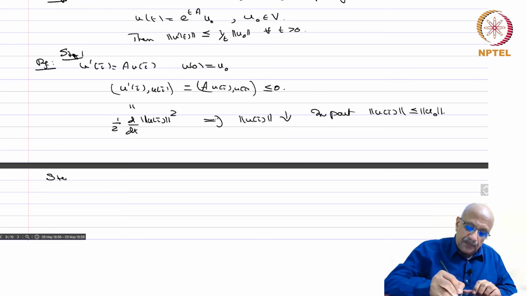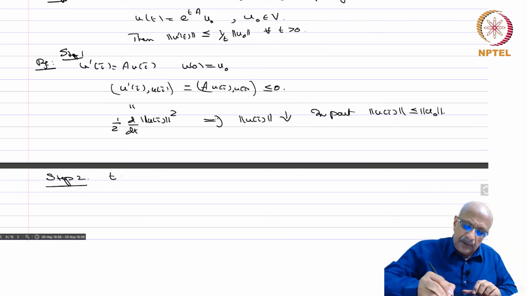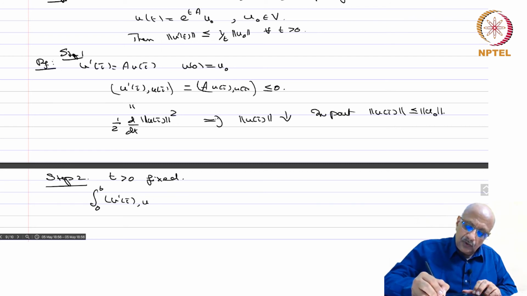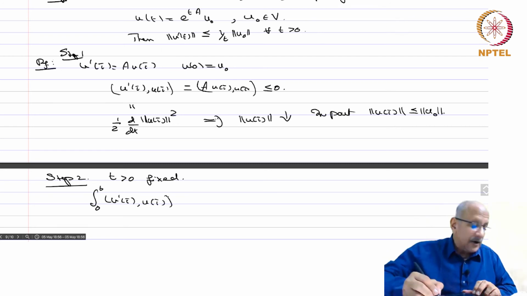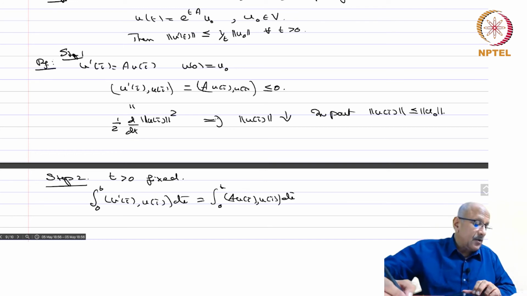So, now step 2. Let t be positive and fixed. So, the integral from 0 to t of u'(tau) u(tau) d tau equals the integral from 0 to t of A u(tau) d tau. Okay.